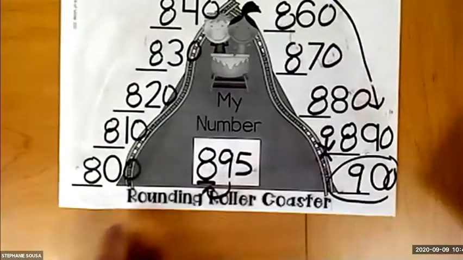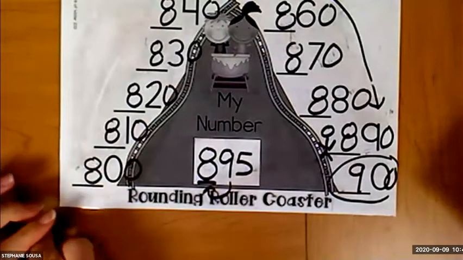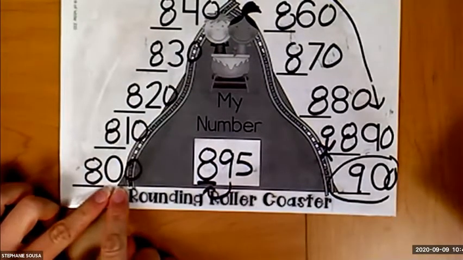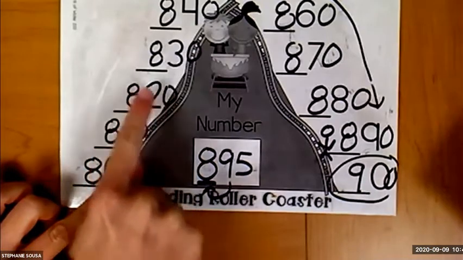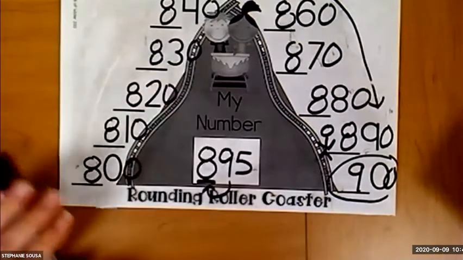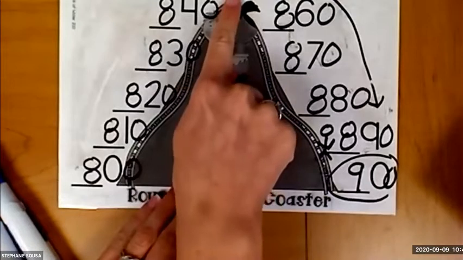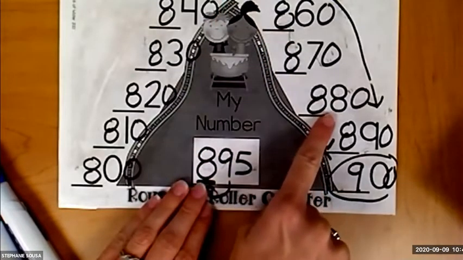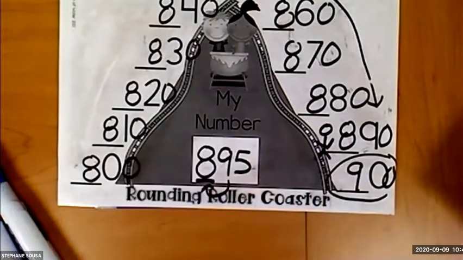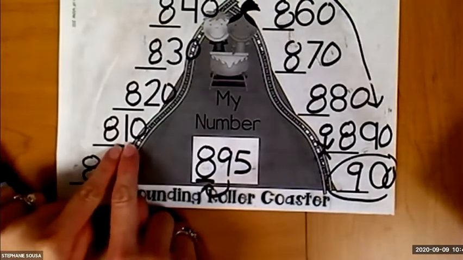So the biggest mistake that I saw yesterday was people correctly identified 800, but then they said 801, 802, 803, and listen to how silly this sounds. 805, 806, 807, 808, 809, 900. What? How did you go from 809 all the way up to 900? No way. That's why we count by tens.